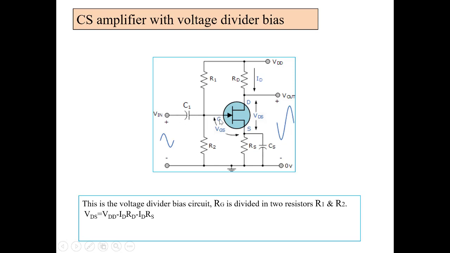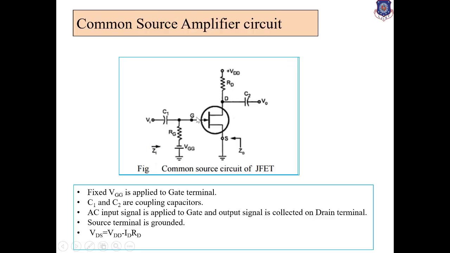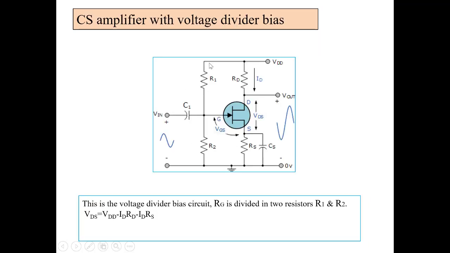Input is applied to the gate, and output is collected from the drain terminal. RG, the input resistance, look at this. RG is divided into two resistances, R1 and R2. Input voltage drop is VGS and output voltage drop is VDS.